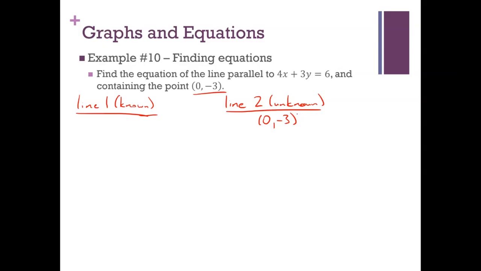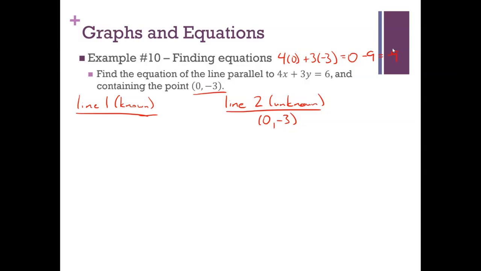So we want to find the equation of the line parallel to 4x plus 3y equals 6 and containing the point (0, negative 3). To show that these are different, if I plug in 0 for x and -3 for y, I get 0 minus 9. Now that's not equal to 6.